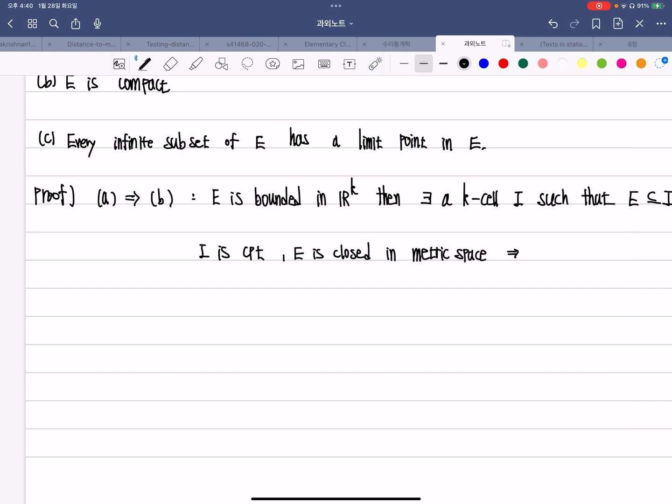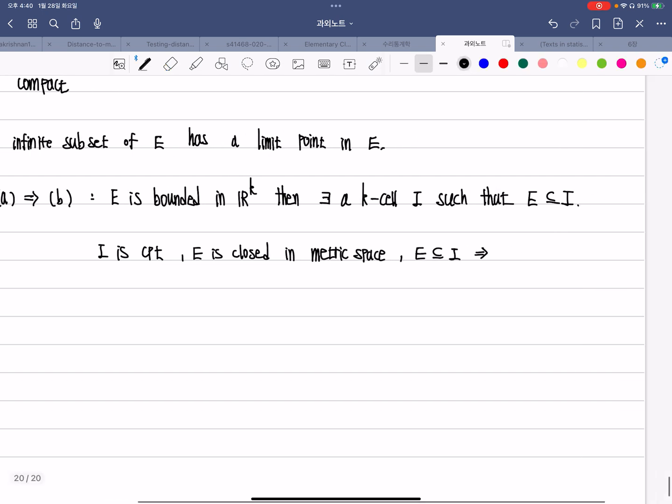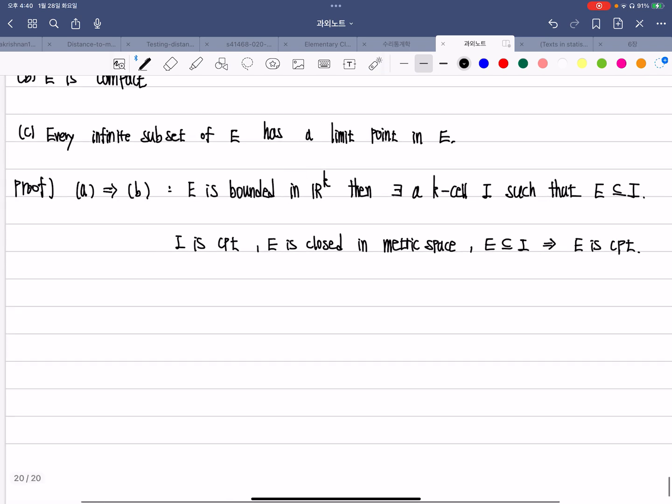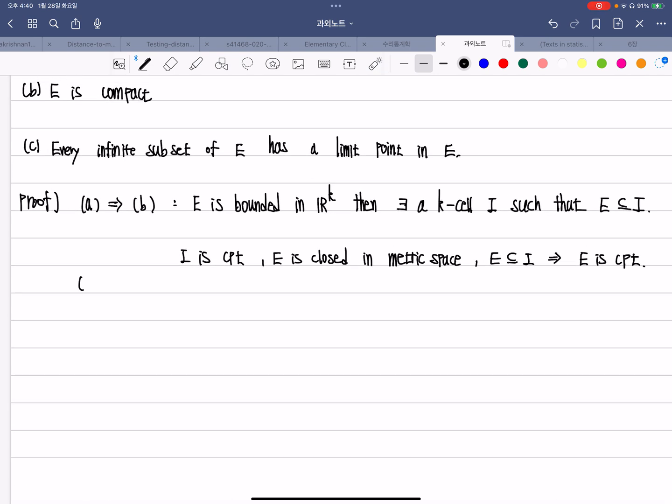So E is contained in I, so E is compact, right? So we are done from B to C.